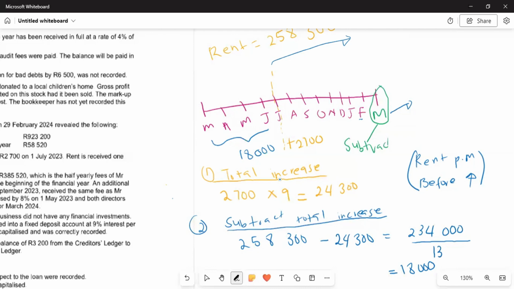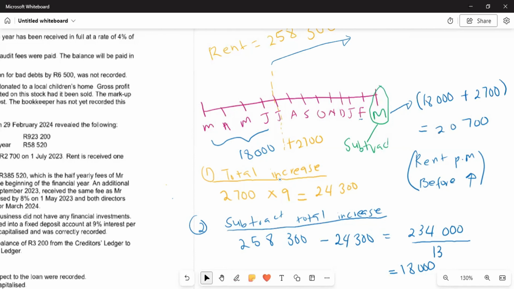So to determine the rent for this month, we're going to say, okay, the 18,000, which is the rent per month before it was increased, plus the increase of 2,700. And punching that into your calculator, the rent for this month is 20,700. Now, same applies. The rent for August was 20,700. Also, July 20,700. For all these months after the increase, the new rent was now 20,700.